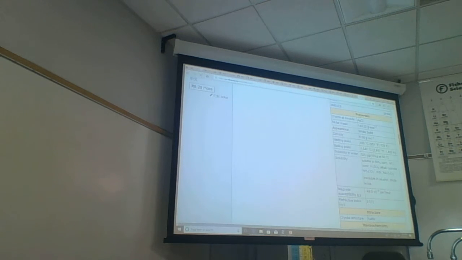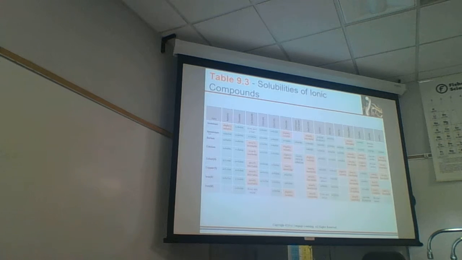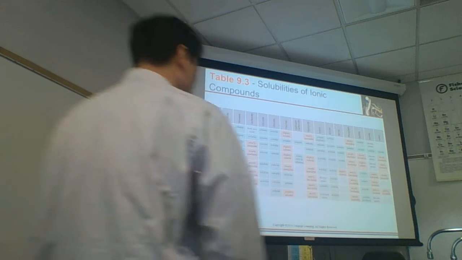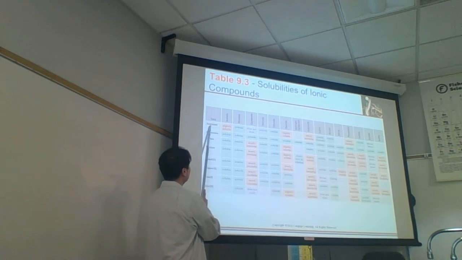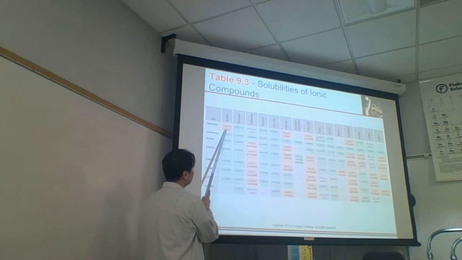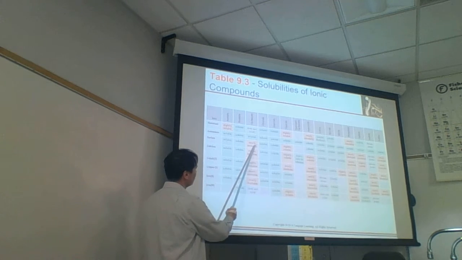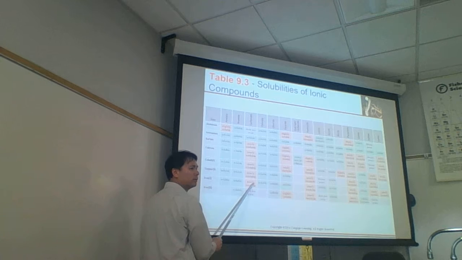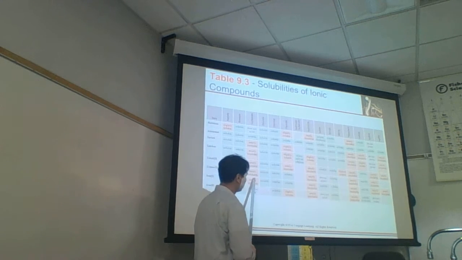And this is what they did here in generating this chart. 0.1 moles depends on how much it weighs, the molar mass. But aluminum acetate is about 0.1 moles per liter. All these are greater than 0.1. All these are less than 0.1. That's it. And then we're going to have 3 categories. Actually, this has more than 3 categories.